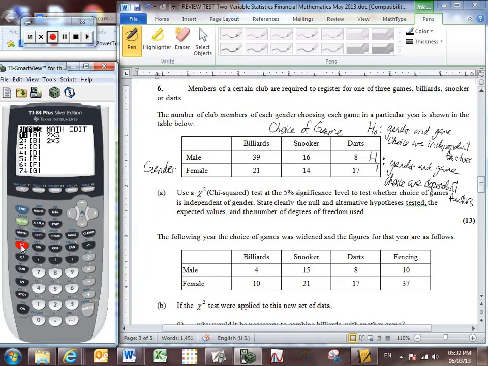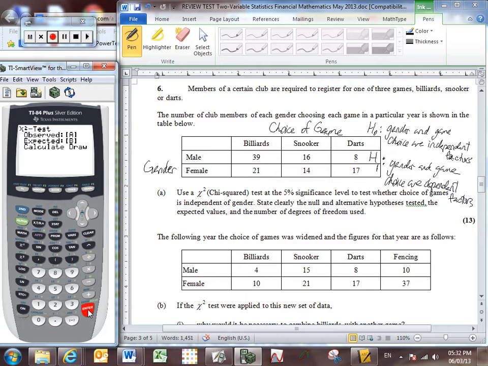Matrix. And I'm going to create a new 2x3 matrix. Let's edit it and put in the values 2 by 3, and then I've got 39, 16, and 8, and I've got 21, 14, and 17. So that's good. And now I'm going to say stat tests, and I'll do the chi-squared test.